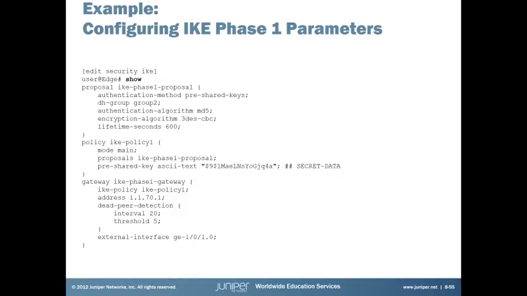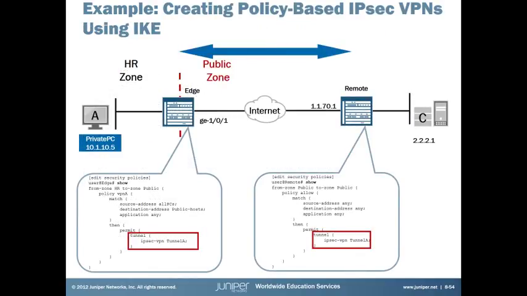This is an example of the actual configuration for that scenario where we're setting up our proposal. We are then setting up our IKE policy, we're just calling it IKE policy 1. We're setting up our gateway where we're pointing our traffic to the other end, which is that 11.70.1. Let's go back to the slide here.